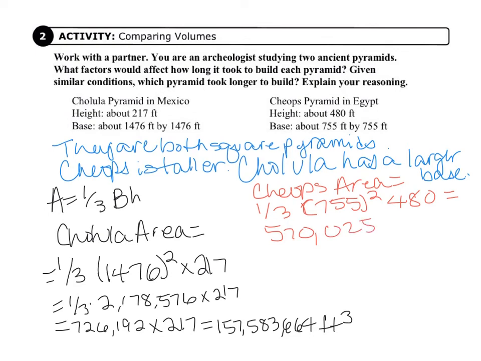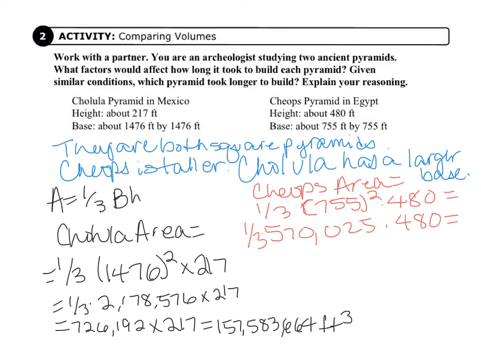And we have to remember that we're going to multiply that by 1/3, and we're also going to multiply it by 480. So this time I'm not going to multiply by 1/3 first. I'm going to remember that multiplying by 1/3 is the same as dividing by 3, and I can see using my divisibility test that that doesn't divide evenly by 3.